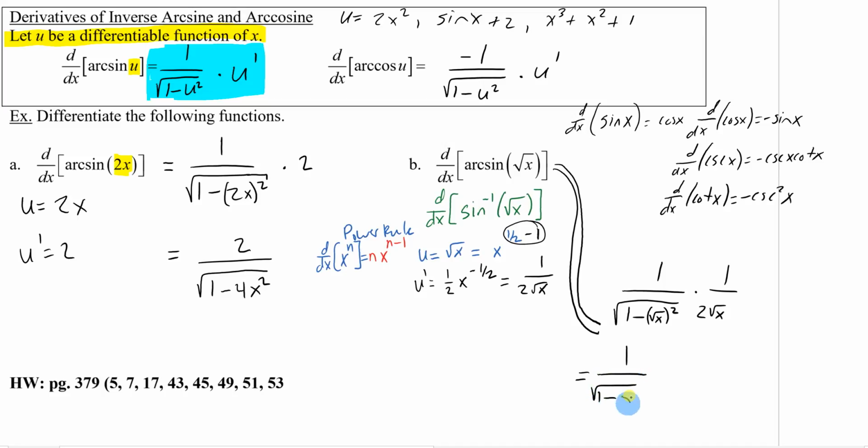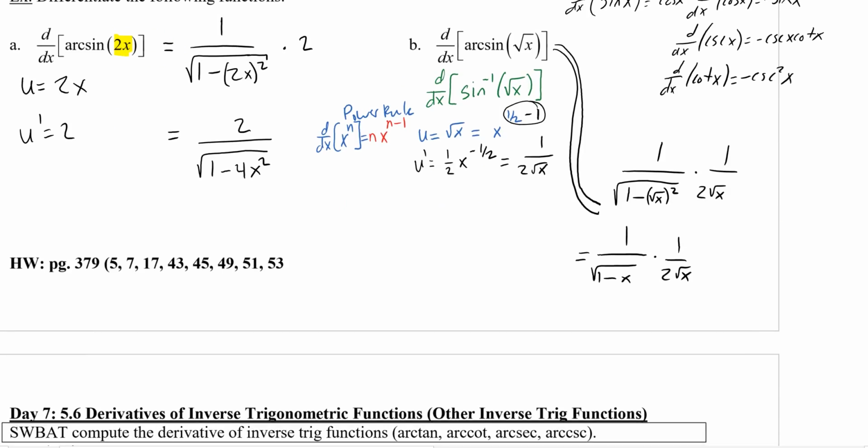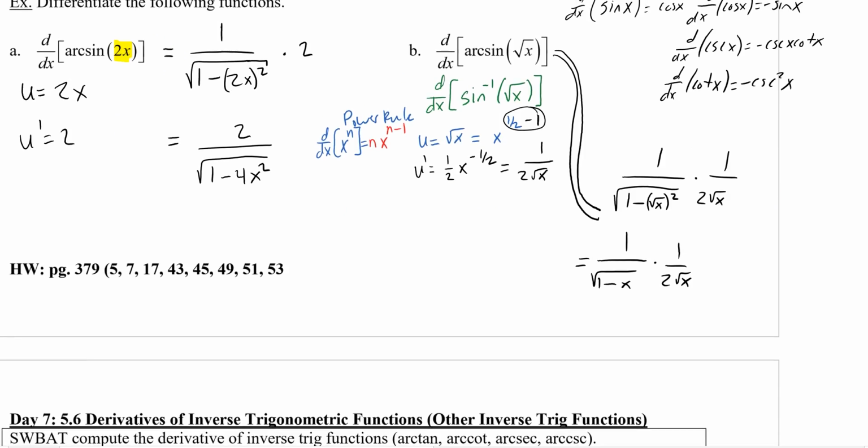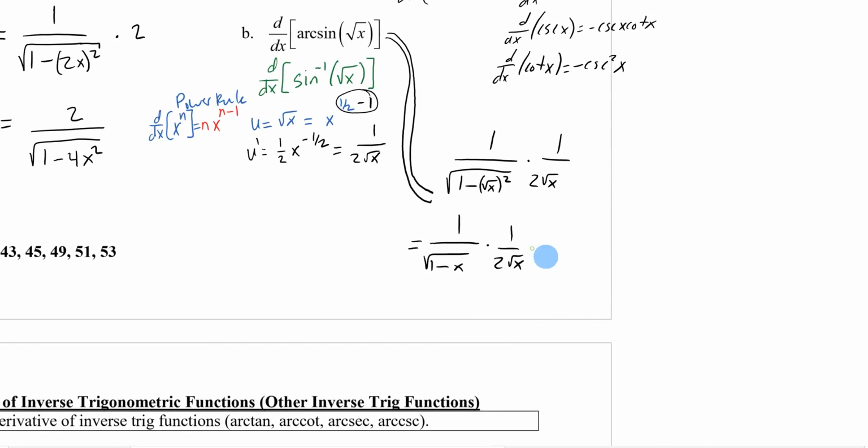Square root of 1 minus x times 1 over 2 square root of x. And if I do one final rewrite, I can multiply these two together because I am multiplying both fractions. 1 over 2 square root of x, square root of 1 minus x.